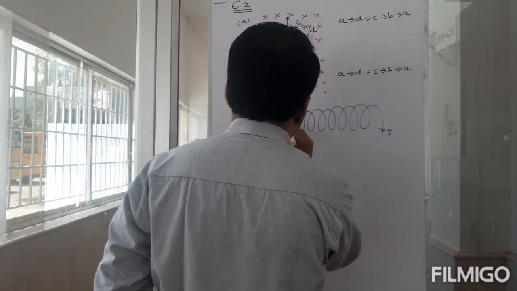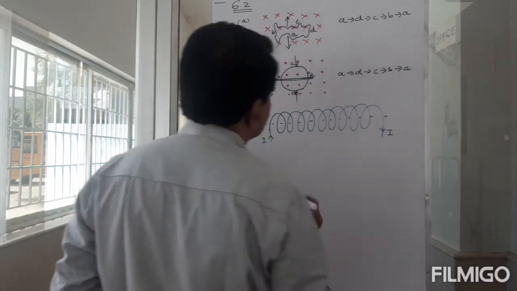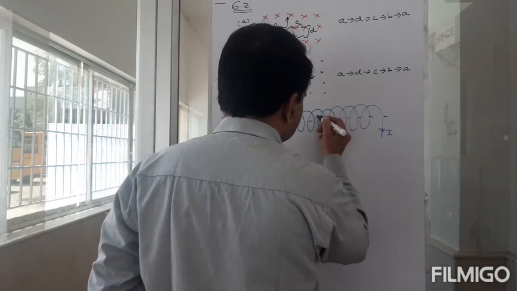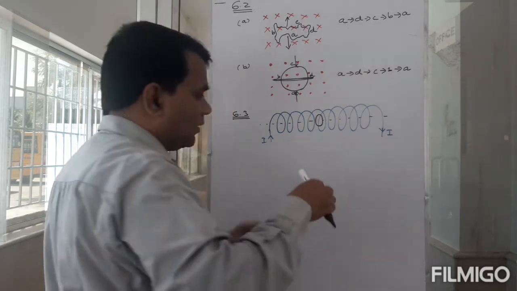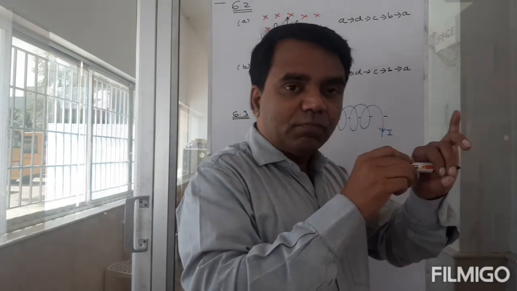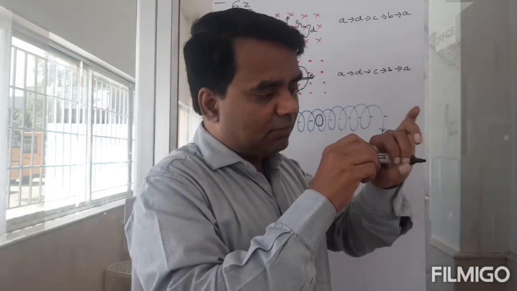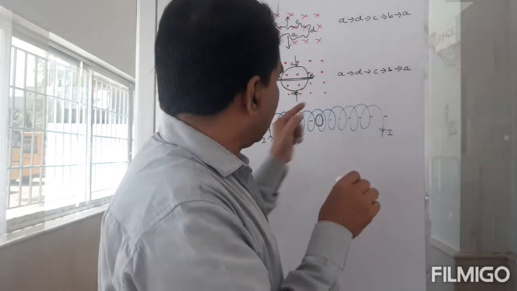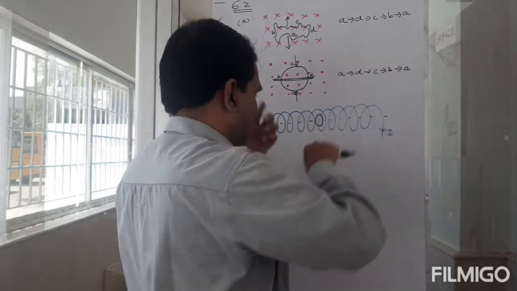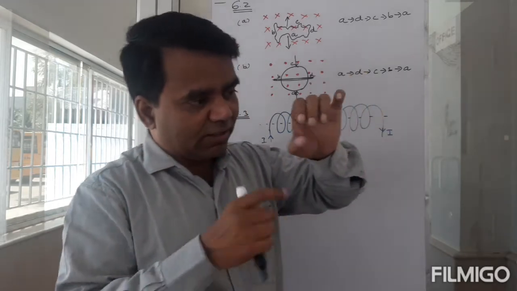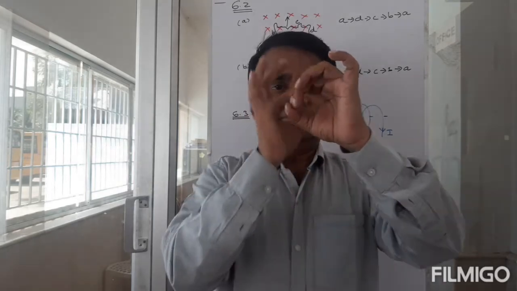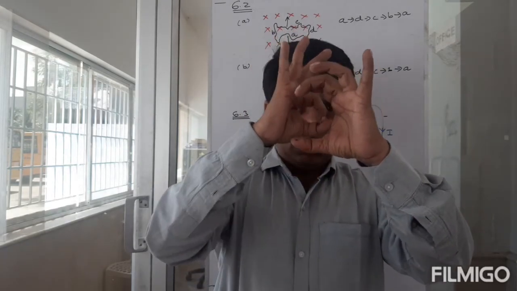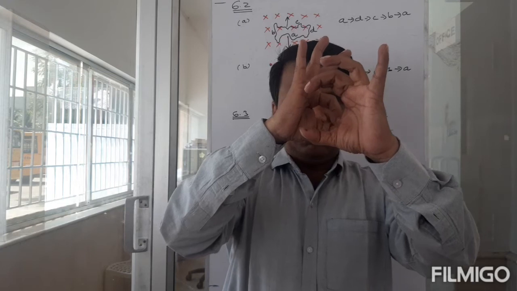So this is the axis, and you have a small loop, small coil, and that is also aligned with the axis. The plane is perpendicular to the axis of this solenoid. So if you have a big solenoid like that, then you have a small coil like this. I hope you are able to see this. They are aligned inside.